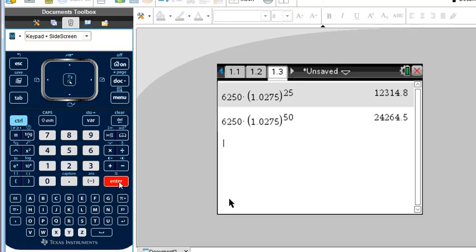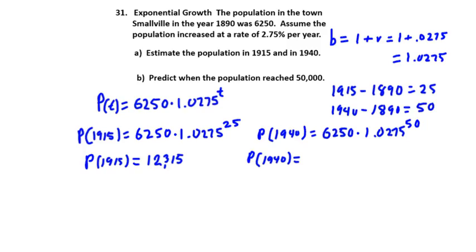We're going to get the population of 24,265. So these would be our answers to part A.